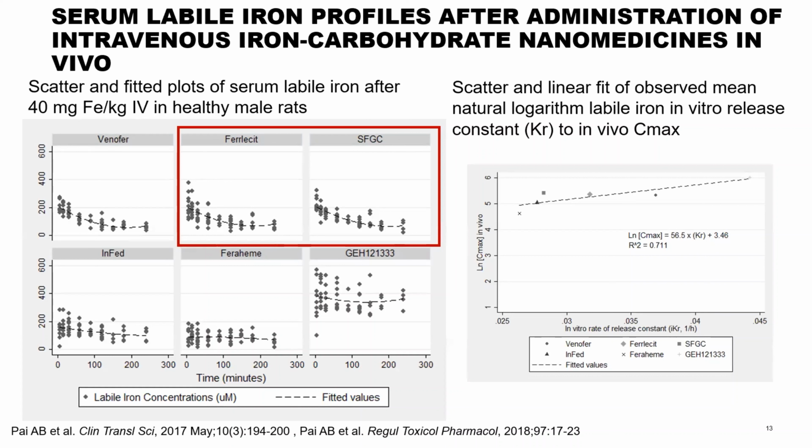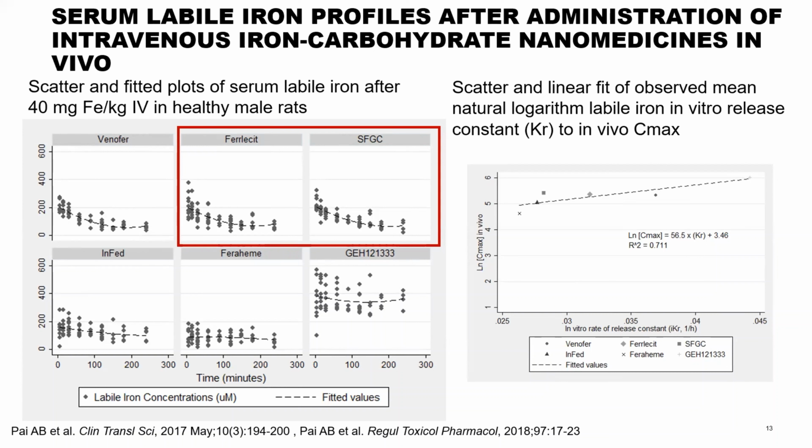The in vitro data that we previously looked at led to the generation of two principal parameters, the in vitro release constant, which I alluded to, and then also an in vitro Cmax. When we compared these parameters to the in vivo system parameters, that release, the KE and the Cmax, there was no correlation.